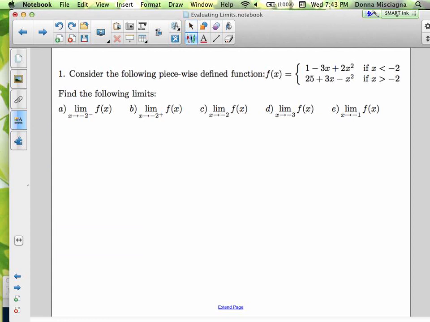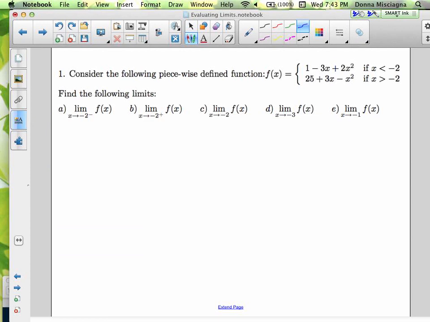But all right, so we're going to find the following limits now that we have some space. We're going to find the limit as x approaches negative 2 from the left. So that means I need to plug into the less than negative 2.